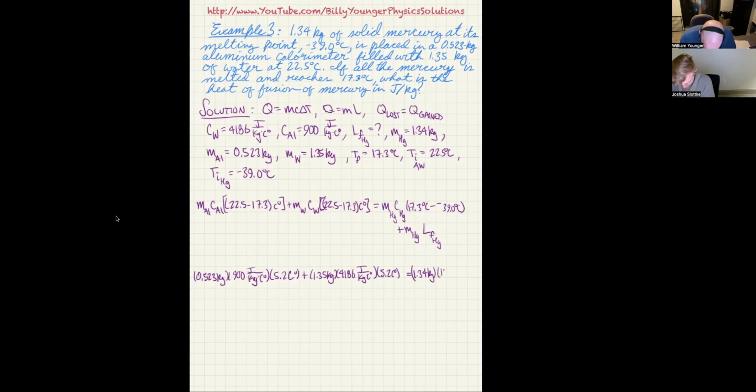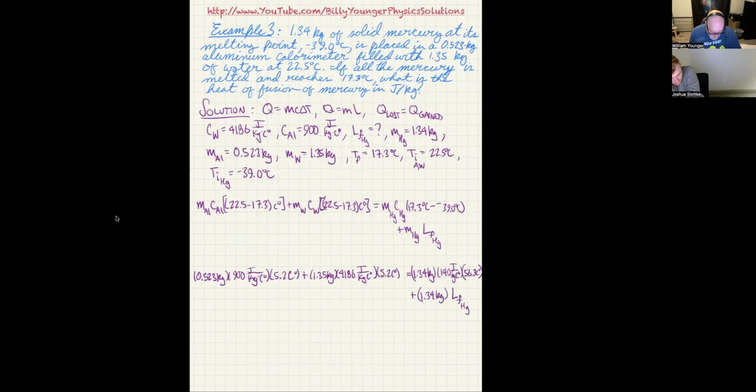So 140 joules per kilogram Celsius degree times, in this case, it's 17.3 minus negative 39.0, and that gives 56.3 Celsius degrees. And then I've got this other term, which is 1.34 kilograms times the L that we're looking for.